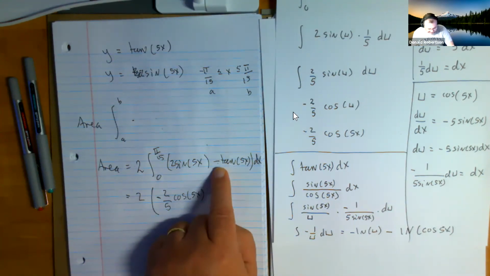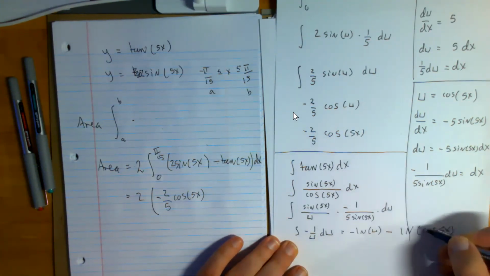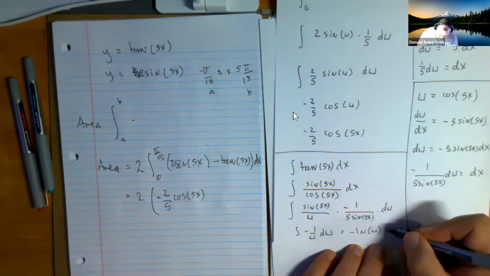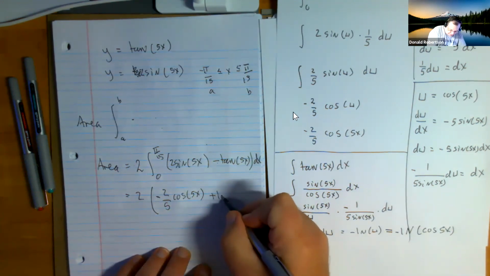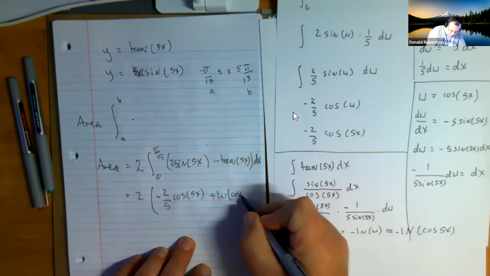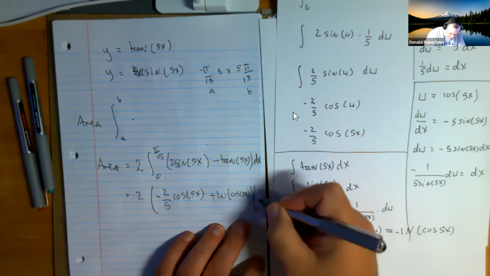But it's meant to be the negative of that guy. So if I stick a negative, negative, negative all the way through, doesn't the answer become positive? The natural log of the cosine of 5x. And that was a lot of work.